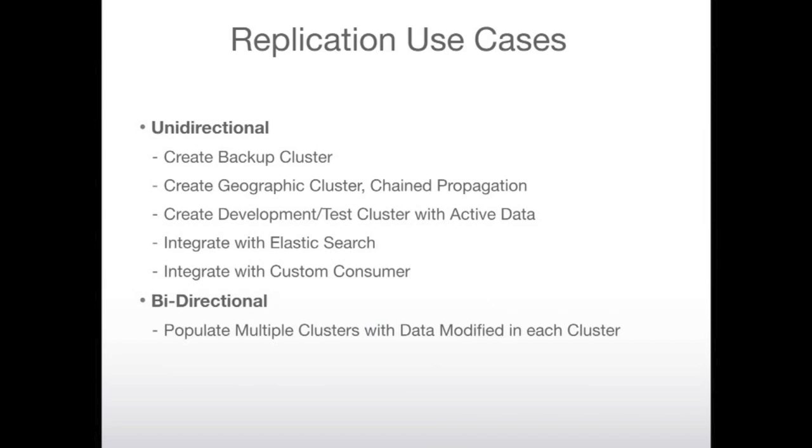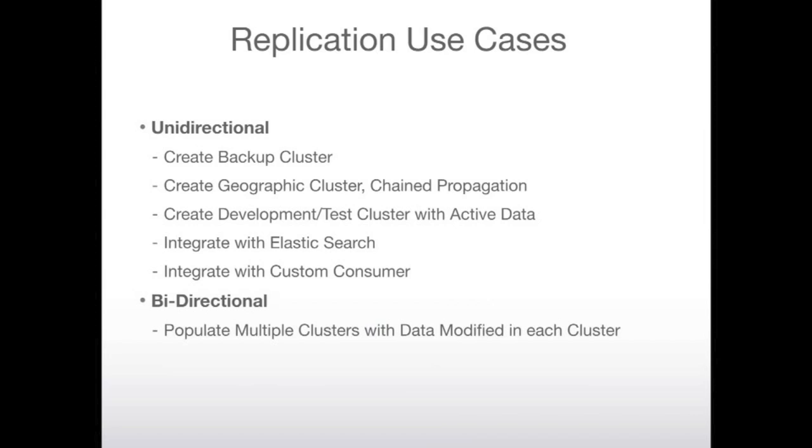Creating a cluster for backups is one use case, where you maintain the data across two different clusters and then run backups off the second one, especially if you have a very high demand on your primary cluster. Backing up when you have a lot of documents and a lot of CRUD operations happening can be a competition for resources. So some people opt to create a completely separate cluster to run backups off of.